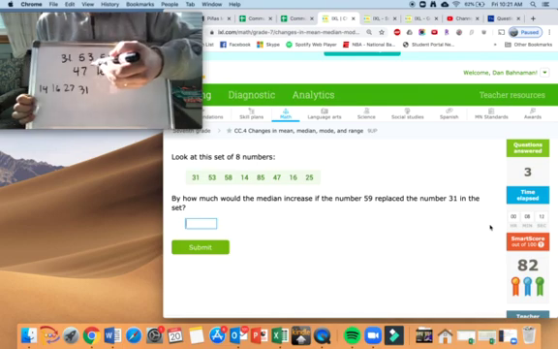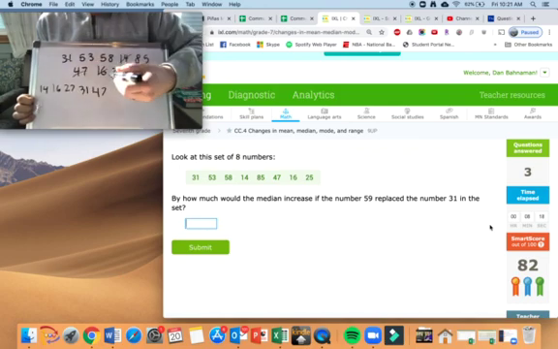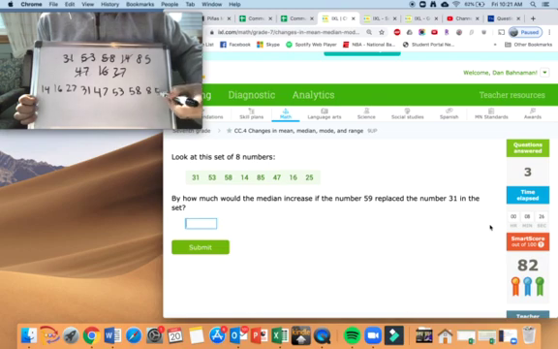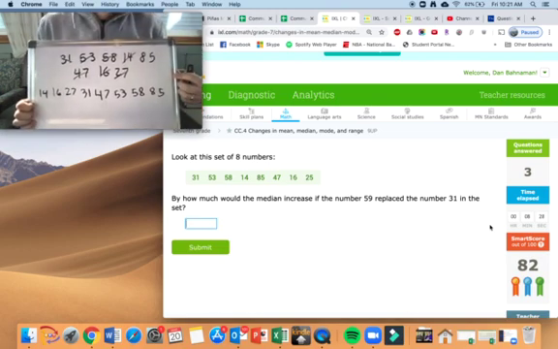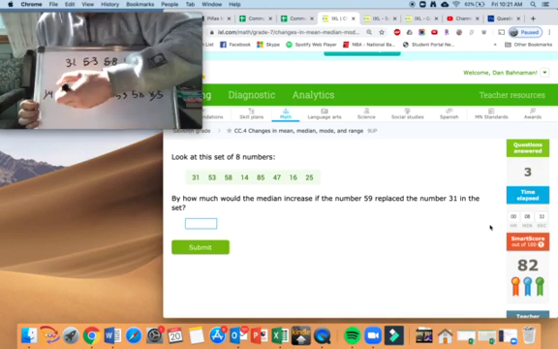And next, I have 47. Next, I have 53. Then 58. And lastly, 85. So again, here are my numbers, and again, I start to cross out from the outside, working my way in.